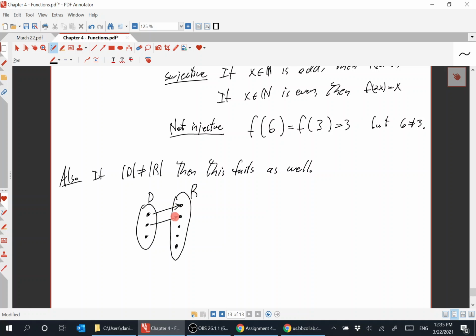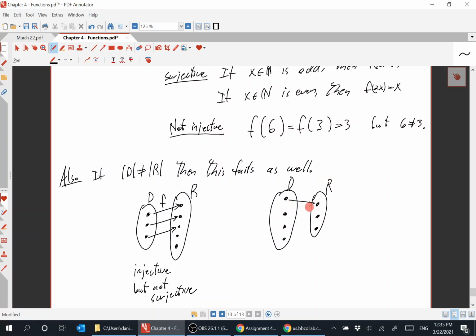Something that looks like this, well, that's injective, but not surjective. If you had a domain that was larger than the range, this is surjective, but not injective.